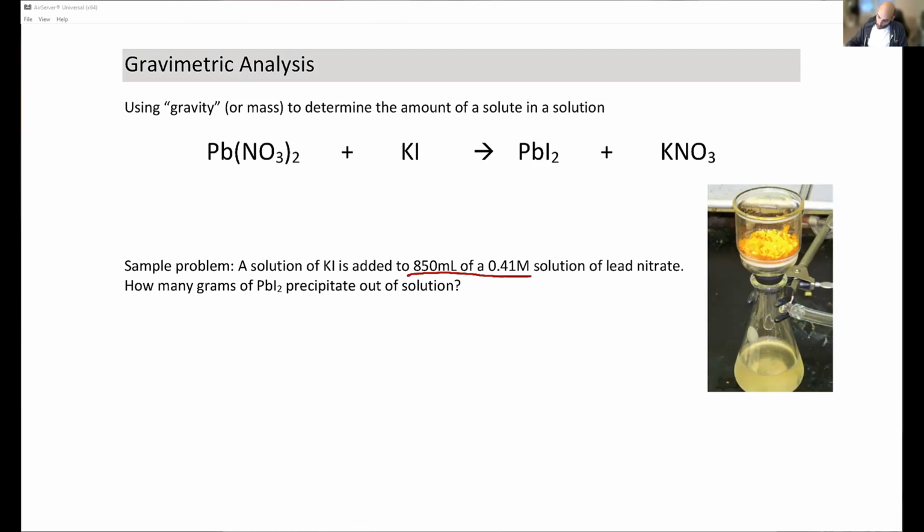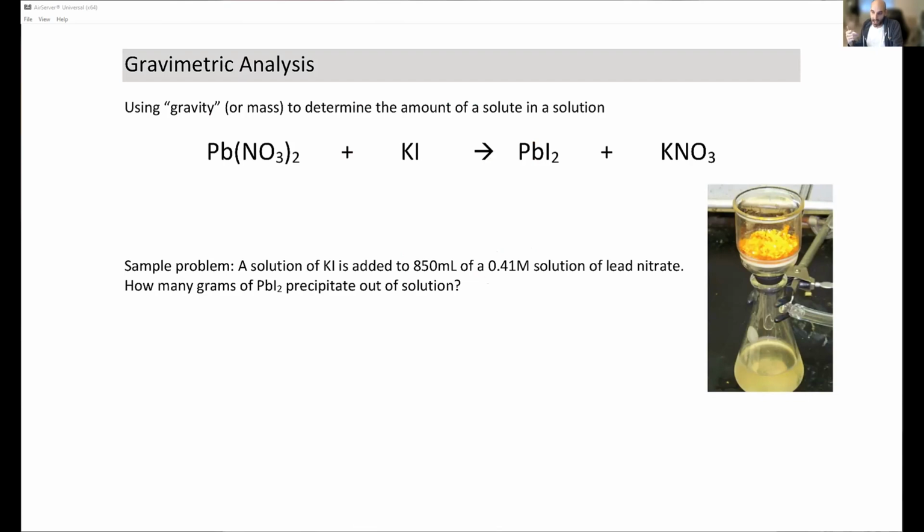We have molar quantities here and here, and those two together should give us the moles. So again, this is a stoichiometric problem, just starting from a different place. If we can get to grams, we're going to be okay. How many grams of lead iodide are going to be precipitating out?